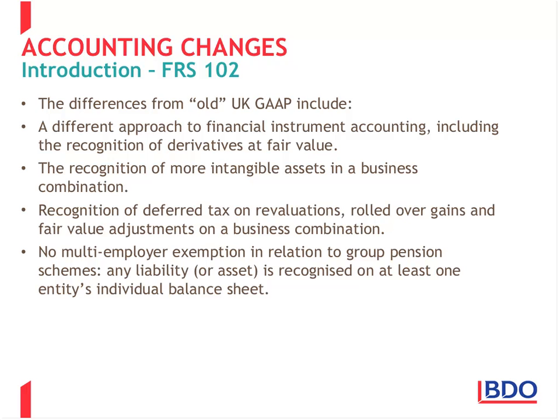There are changes to the recognition of intangibles on a business combination. There are changes to deferred tax, although we're not going to cover that in this session. And there is no multi-employer exemption in relation to group pension schemes, any liability having to be recognized on the company balance sheet.